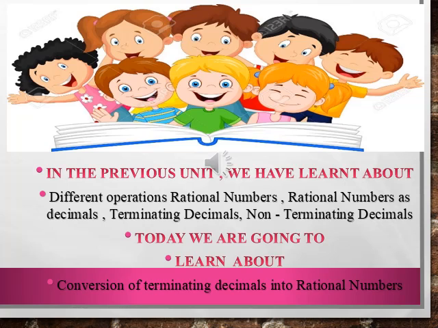In the previous unit, we learned about different operations on rational numbers as decimals, terminating decimals and non-terminating decimals. Today we will see how to convert terminating decimals into rational numbers.